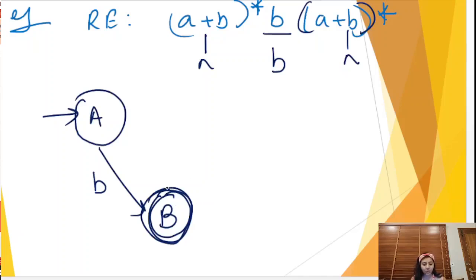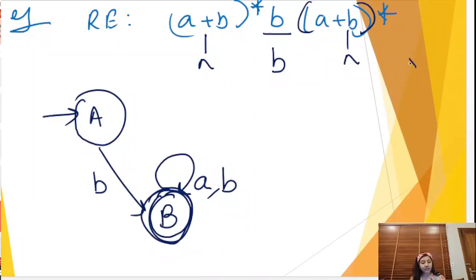So irrespective of how many A's or B's I receive, I remain in the final state only. So what does this automata tell us? That if I am on state A, I receive a single B, I make a move to my final state B. After reaching final state B, any number of A's or B's can come and I remain in the final state only.